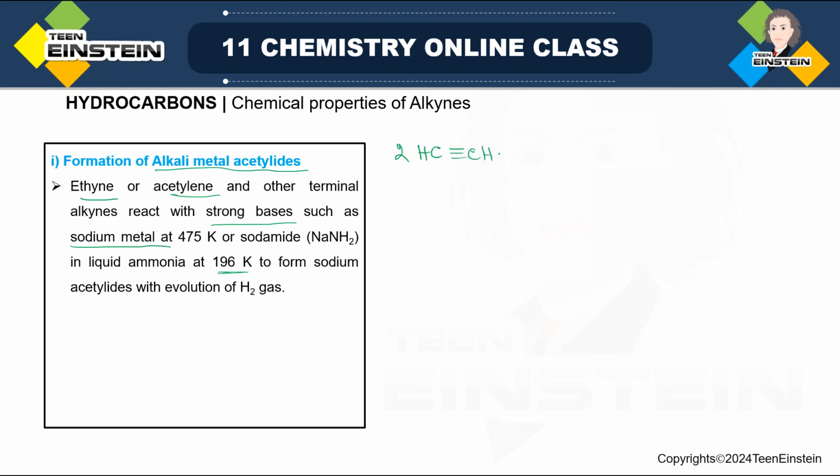I have written two of these, and 2Na. So any of these H you can remove. There will be Na and hydrogen gas formation. As we have taken 2 moles of this, one H from one acetylene, another H from another acetylene, together these two hydrogen atoms will form hydrogen gas, right?